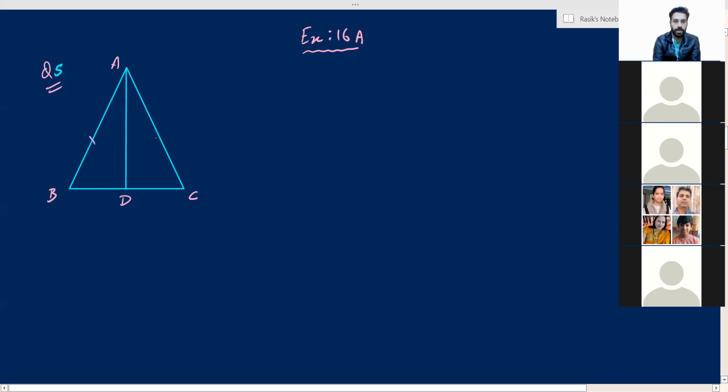Here it is given that AB is equal to AC, BD is equal to CD. In this figure, we have to prove that angle ADB is equal to angle ADC and both the angles are 90 degrees each.